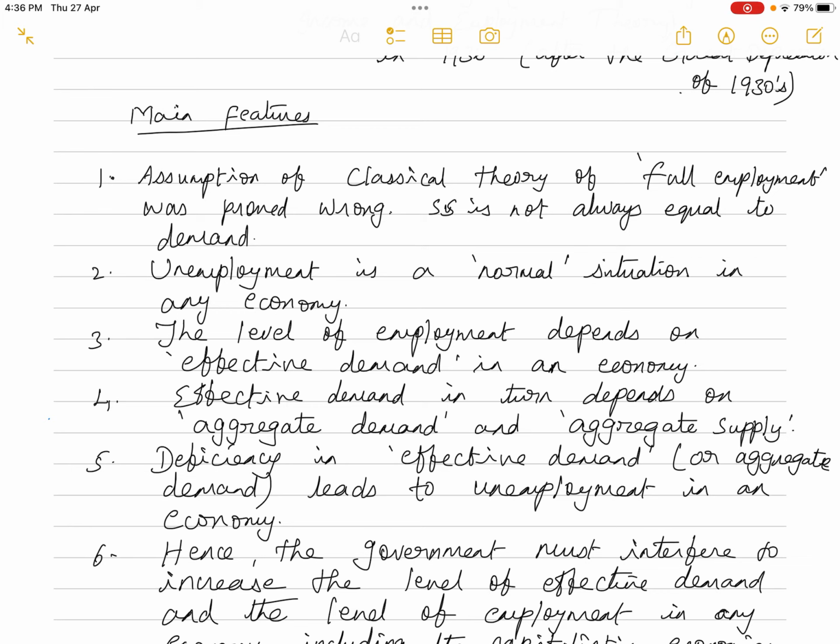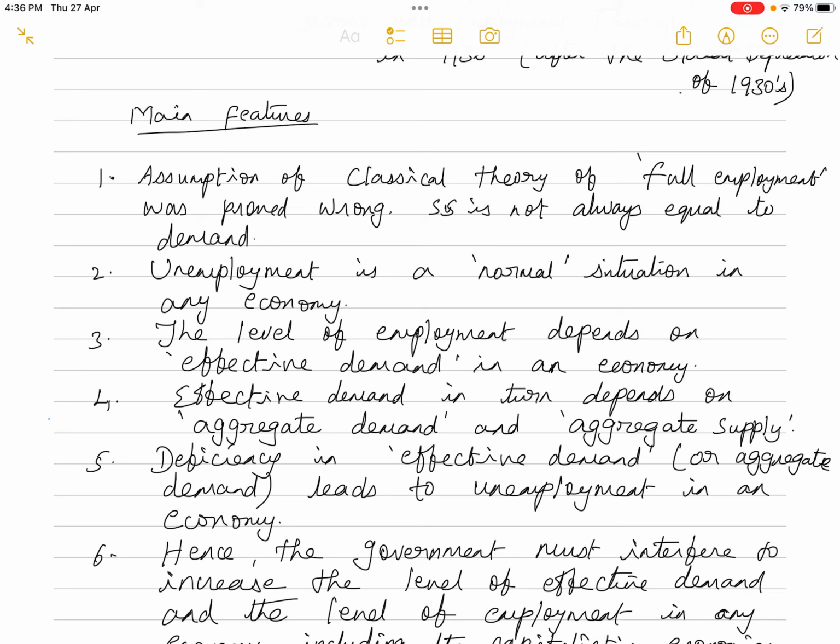So I repeat again: in any economy, full employment is not the normal situation. Unemployment is the normal situation. That is the first thing. And in order to increase the level of employment and reach full employment, the effective demand in the country must increase. This effective demand in turn depends on aggregate demand and aggregate supply.